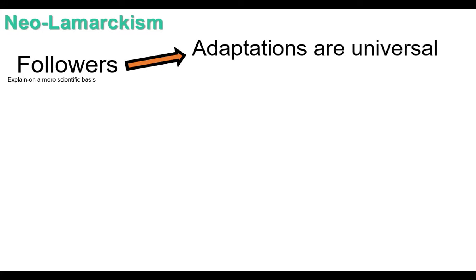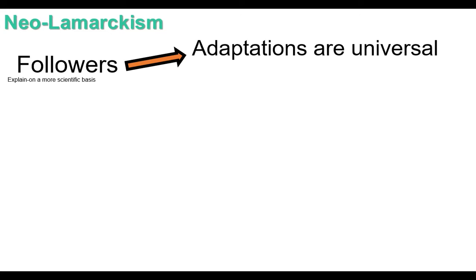The followers had the opinion that adaptations are universal in nature. We know the meaning of the word adaptations. Adaptations are behavior or structures of an organism that support the organism to live better in a particular area.